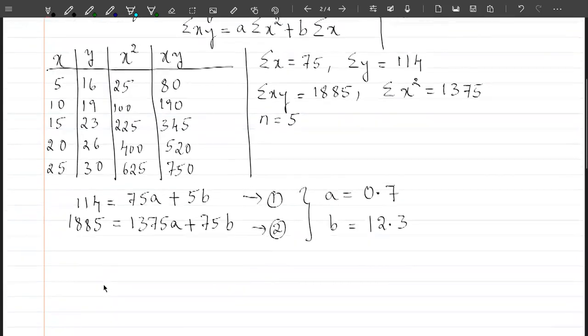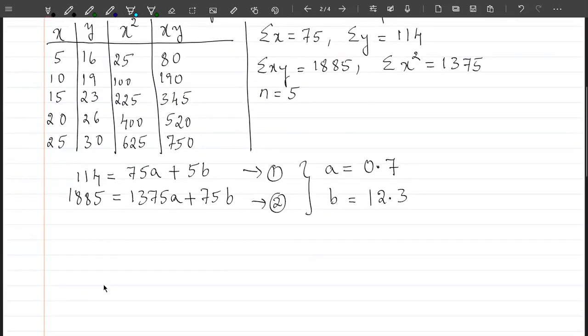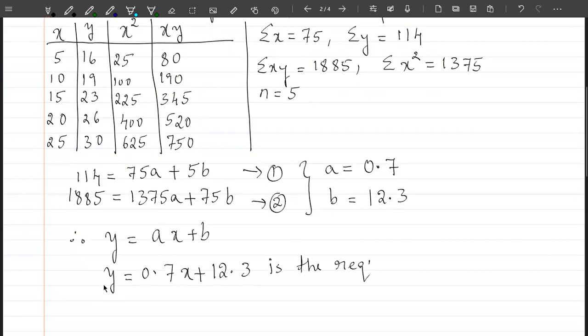So you can write, therefore the line of best fit is y equal to ax plus b. Put the value of a and b here, that is 0.7x plus 12.3 is the required line of best fit.